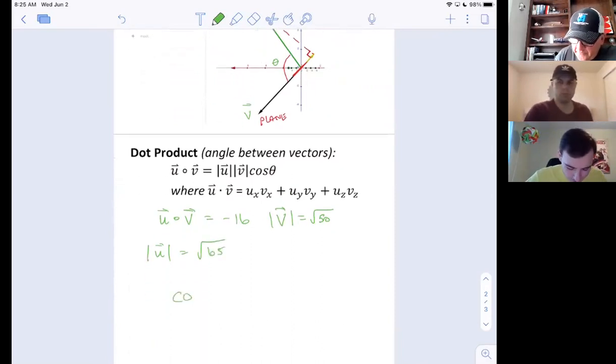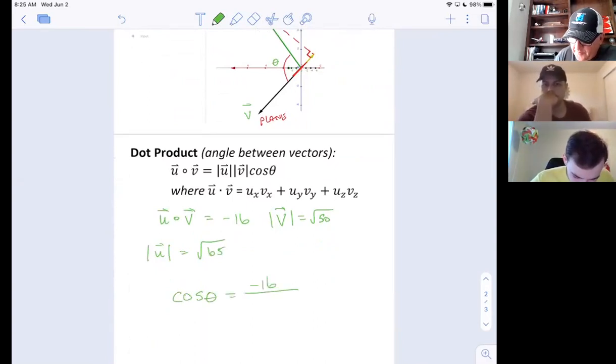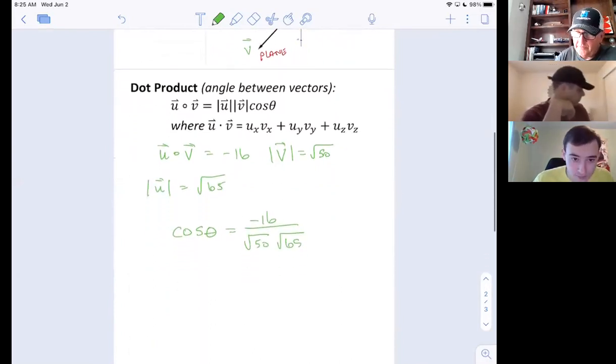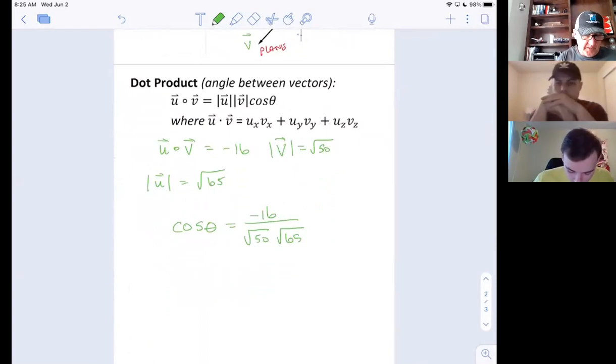So the usual way this is written down is the cosine of theta is the dot product divided by those two scalar values, those two numerical values. So I'm typing inverse cosine of negative 16 divided by the square root of 50 divided by the square root of 65, as we did yesterday.